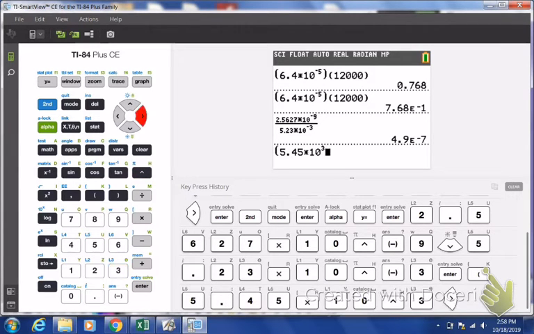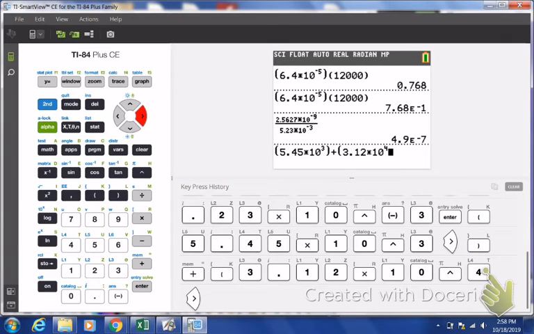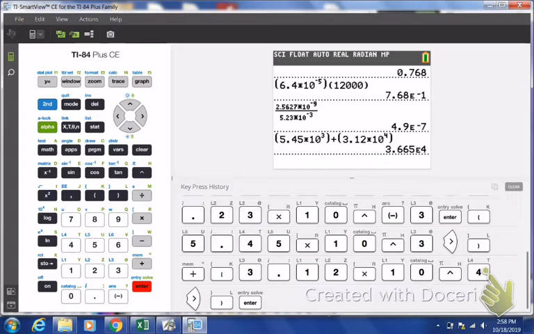Make sure you arrow over before you close parentheses. Plus, inside parentheses, 3.12 times 10 to the 4th. Again, arrow over, close parentheses, hit enter. We get 3.665 times 10 to the 4th.